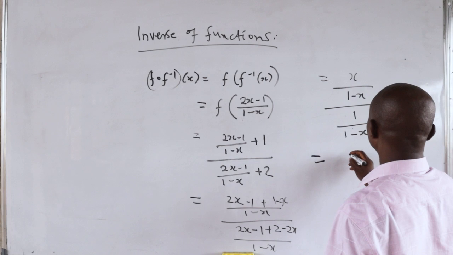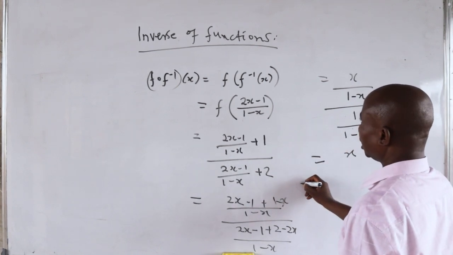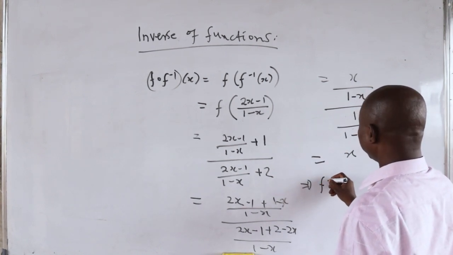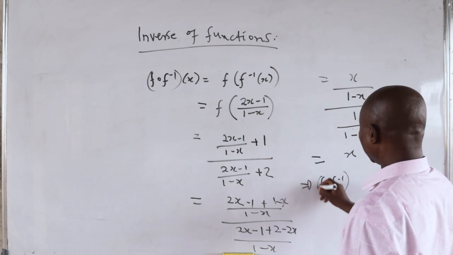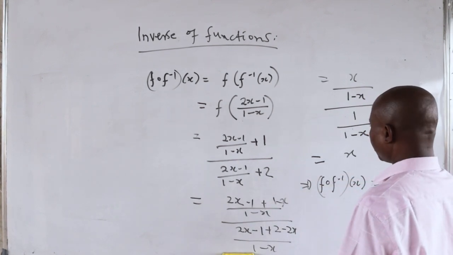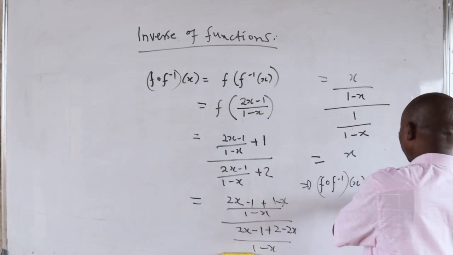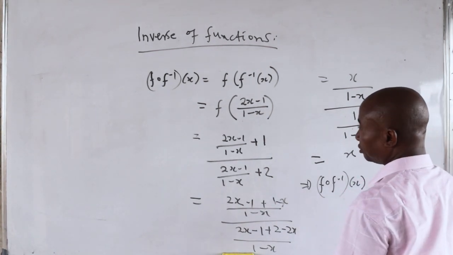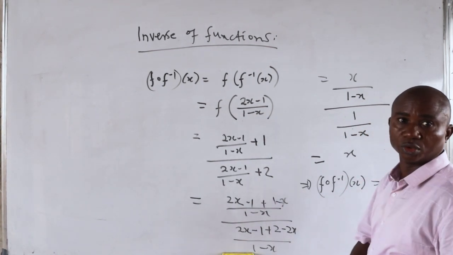At the end of the day, this returns x. And that says that f composed with f inverse acting on x is x. So we have composed from the right and we got x. Let's compose again from the left to see what we are going to get.